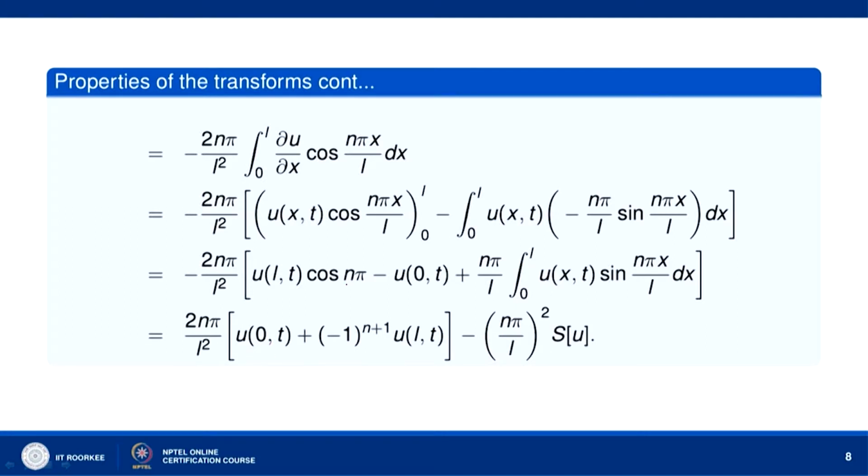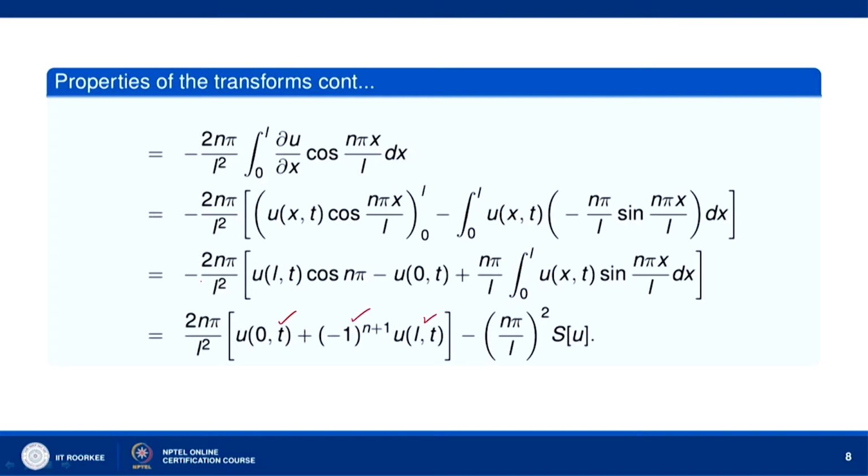Now, let us recall that cos n pi is minus 1 to the power n, the value of cos n pi. So, you multiply by this minus 1 inside. So, 2 n pi by L square, when you multiply by minus 1 you get u 0 t here, then minus 1 to the power n into minus 1 to the power n plus 1 into u L t.